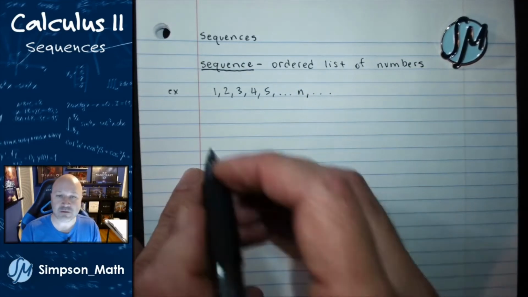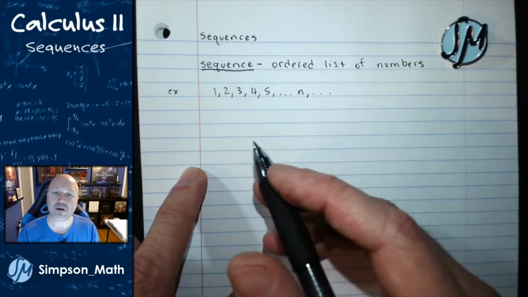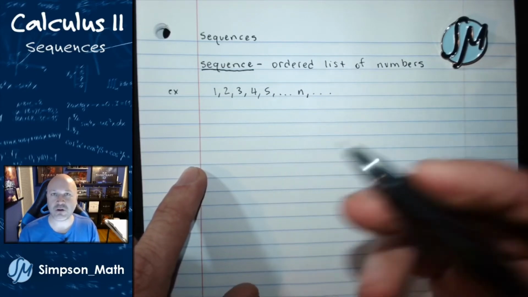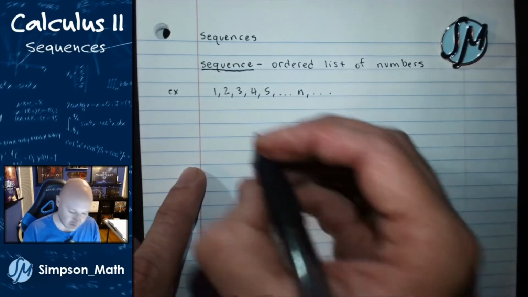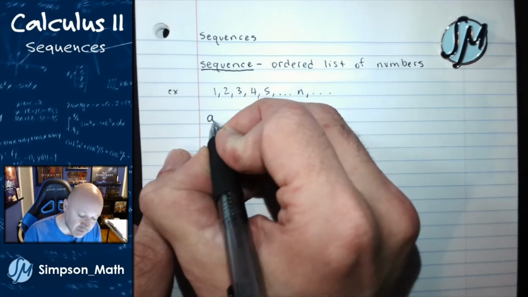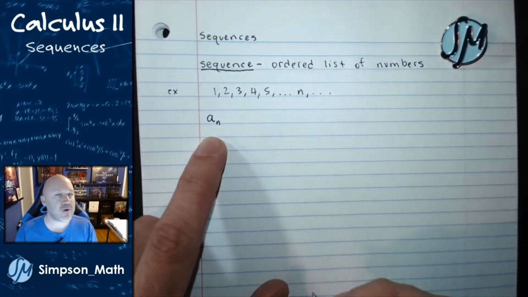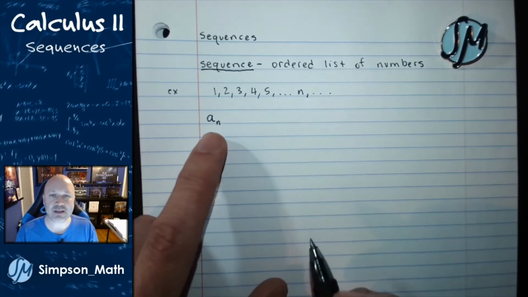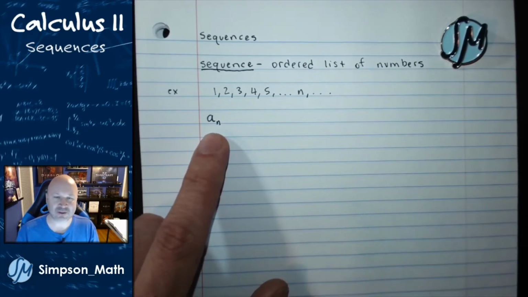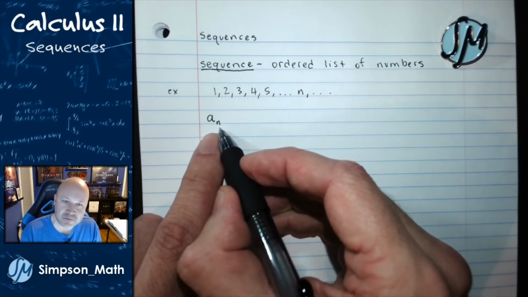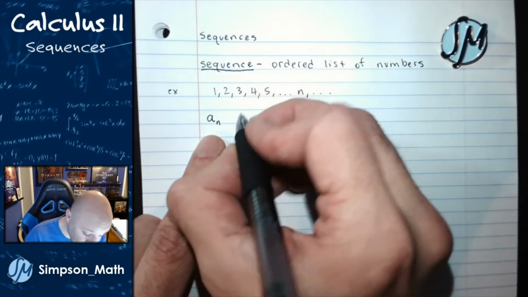All right, some notation. We have a common notation for a sequence, and that's a sub n. So a is the name of the sequence, and n, we'll talk more about that in a little bit, is the index, but it's just the nth number basically.